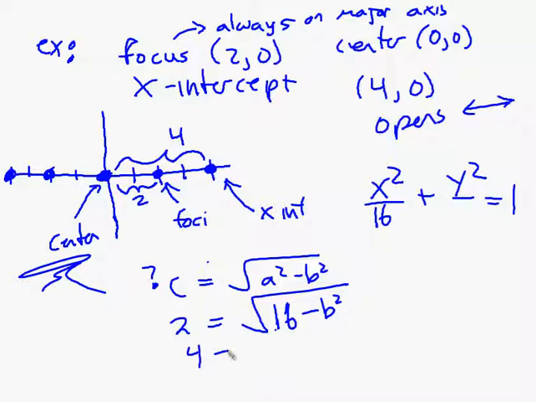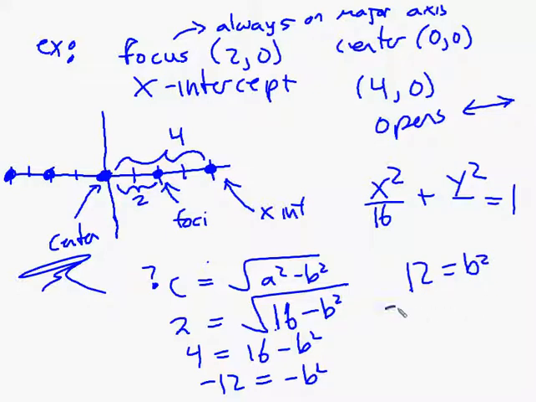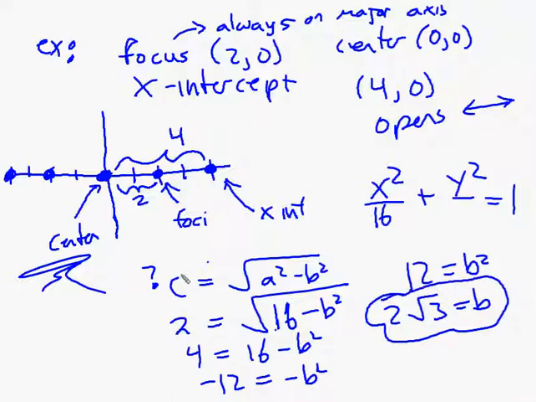Alright, I'm going to square both sides. Subtract the 16. Multiply by a negative. Square root it. And that's b.